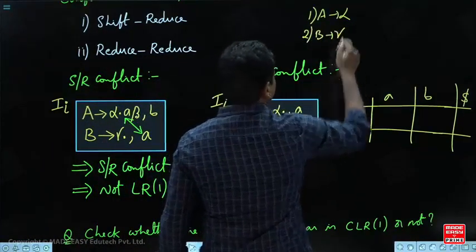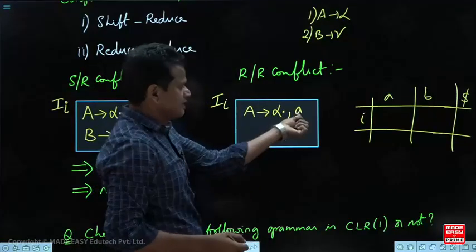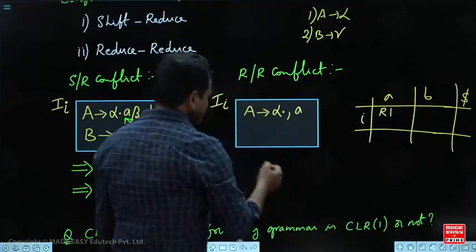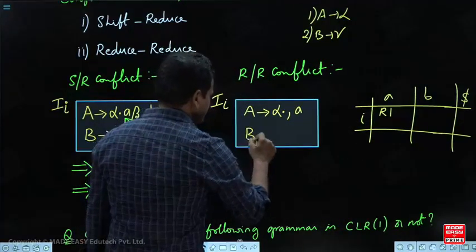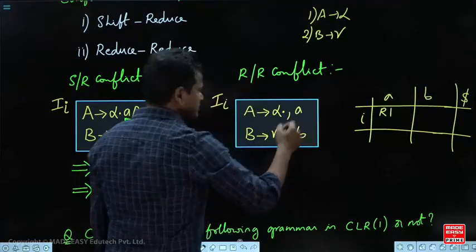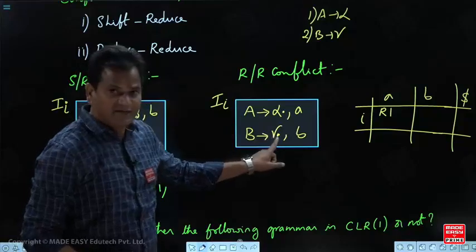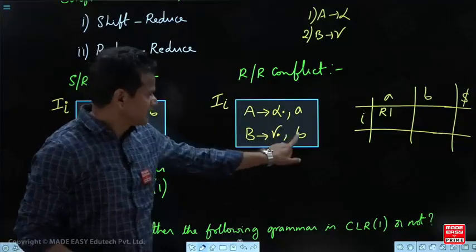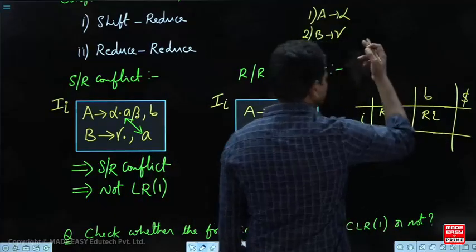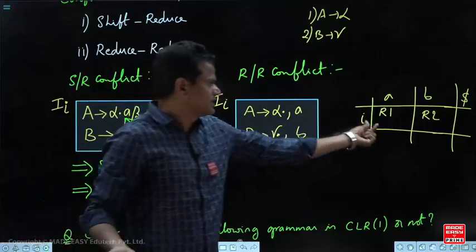So for this, dot is at the end, reduce in ith row under A column, because look ahead is A. Suppose in the same state there is one more final item, and suppose its look ahead is B. So ith row, it is a final item, so reduce, under B we write the reduce, and number is 2. Did we get reduce and reduce in the same box? No, reduce 1 here, reduce 2 there.